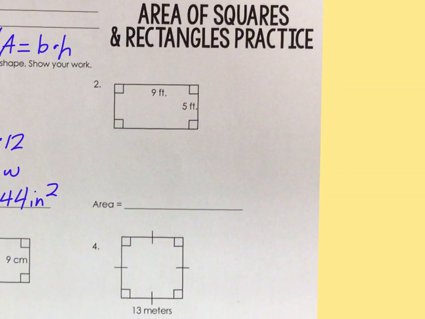Let's start right here. I always like to list what I do know about my shape. In this rectangle, I know that that's 9, and I know that this is 5 feet also. Because sometimes it asks you to find the perimeter and the area. So if you need to do that, that comes in handy. All right. So using our formula, area equals, and I use length times width.